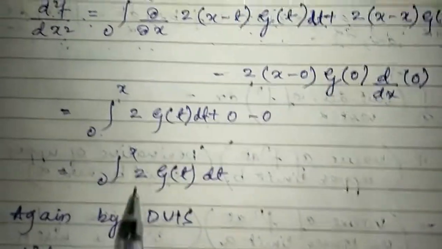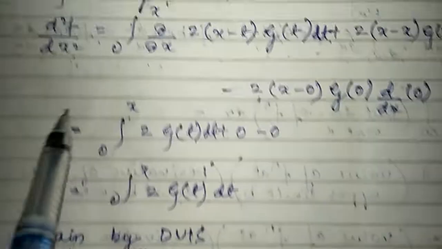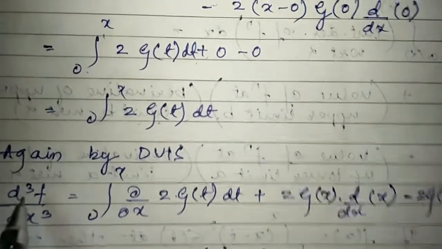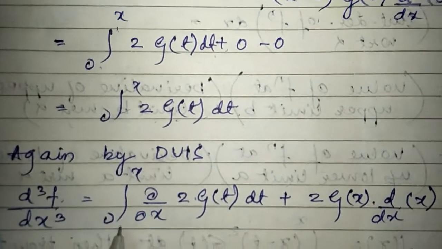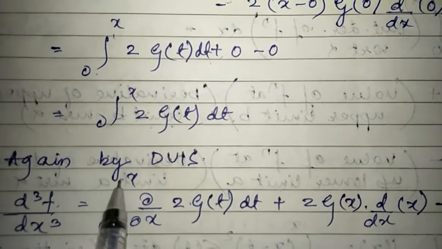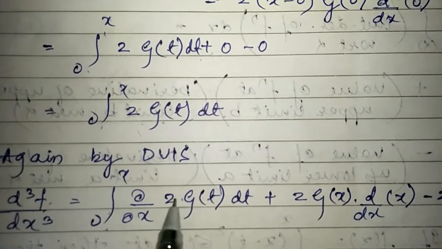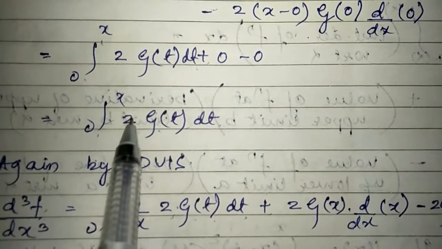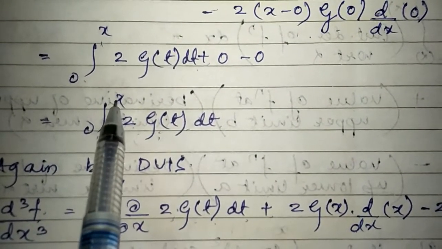Now we'll apply the rule once again, so that what we'll have is d cube f upon dx cube, which we have to find. So applying the rule again, d cube f upon dx cube is integral 0 to x ∂ by ∂x of this function, that is 2 times g of t dt, plus the value of this function for the upper limit x.